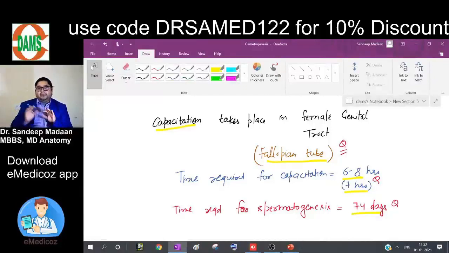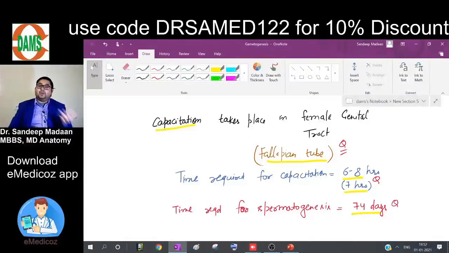But then they rest there. They don't undergo any further division and don't form anything. They simply rest until puberty. At puberty, hormonal changes take place, and then they begin the process. So we can say spermatogenesis begins at puberty.